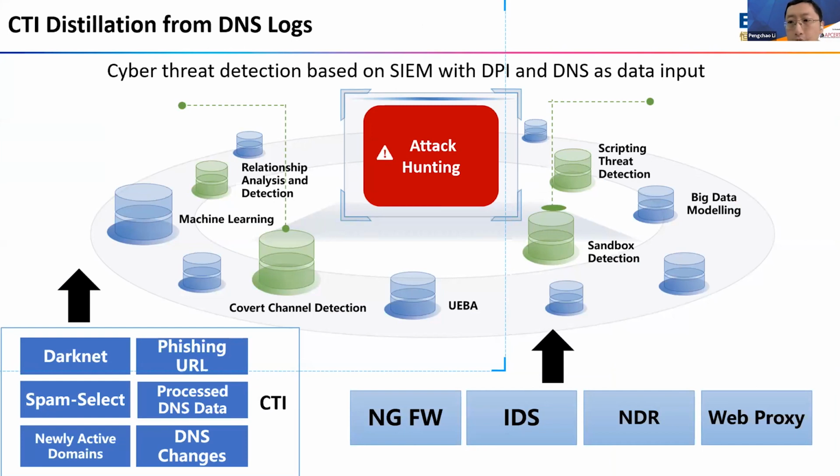Using big data security, we gather data including apps, communication logs, malware, and Trojans, etc. And some security events from cybersecurity devices like next generation firewall, intrusion detection systems, network detection and response, web proxy, and something like that.